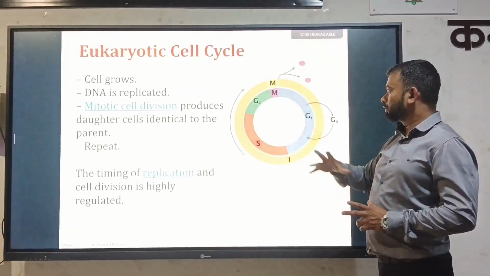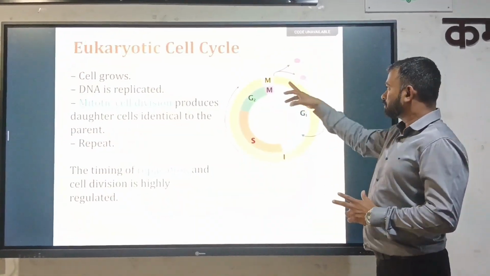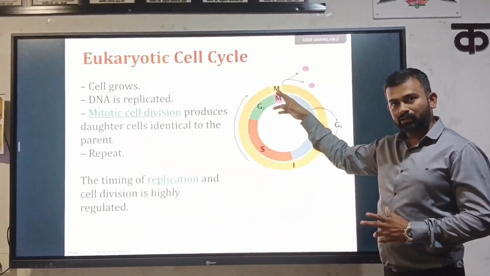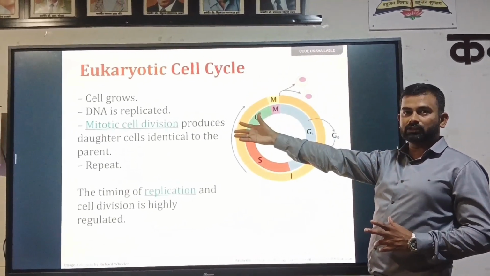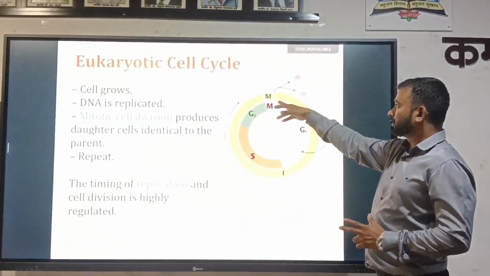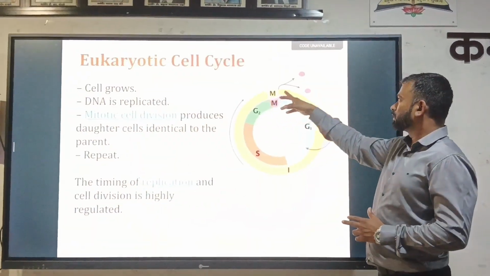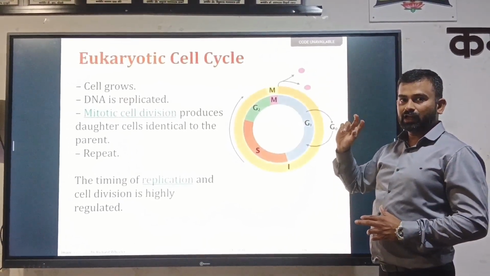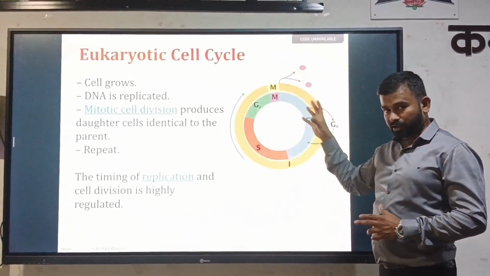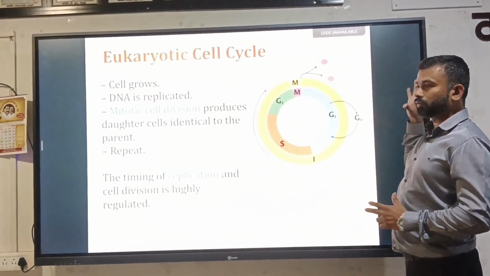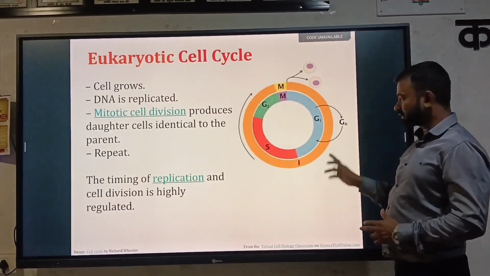It depends on which kind of cell it is. If the cell is a vegetative cell, which is not directly involved in sexual reproduction, then it will follow the process of mitosis. And if it is a germ cell, which is a reproductive cell, then it will follow the process of meiosis.